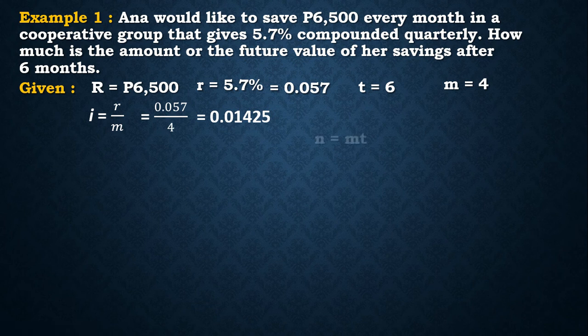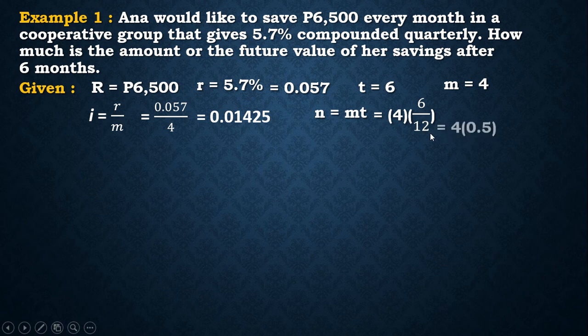Next step, i-find po natin ang N. N is equal to MT. And then i-substitute po natin ito. M is equal to 4, which is quarterly. Ngayon, bakit po naging ganito si T, yung term? Kasi po, kung matatandaan natin, 6 months. Pag yan po ay months, that is always divided by 12. So, 6 over 12 or 1/2, pwede rin.